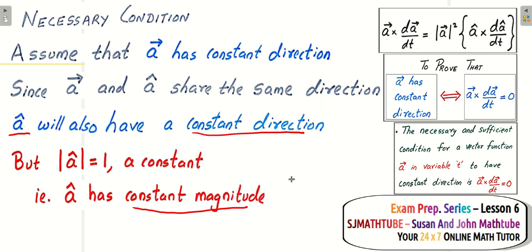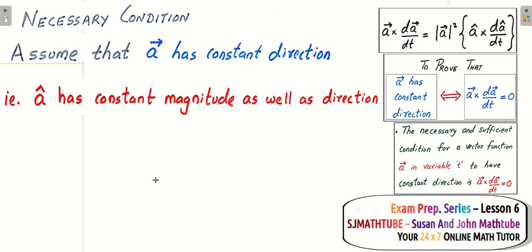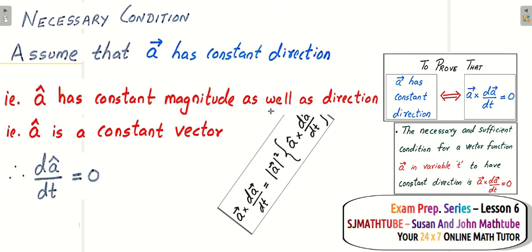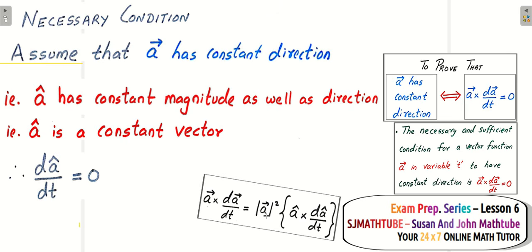In the beginning itself I told you every vector will be associated with two quantities, the direction and the magnitude. So if A cap has constant direction as well as constant magnitude, then A cap is a constant vector and the derivative of a constant vector will be 0. And where is that condition? It was here. Yeah, it's here.